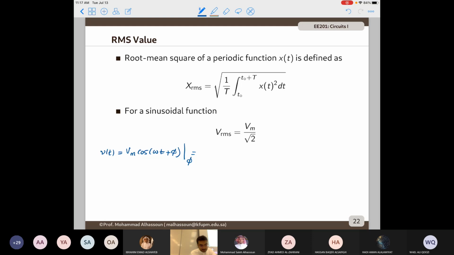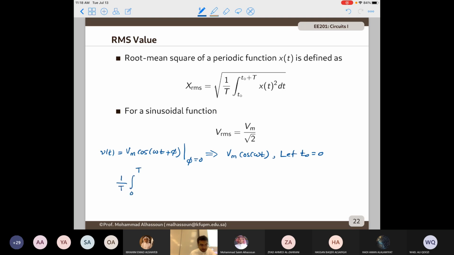Let's assume that phi equals 0 in this case. This assumption will not change anything, it will just simplify the calculation. Let's further assume that t naught is 0. Again, it's not going to change anything. So now we have everything we need.